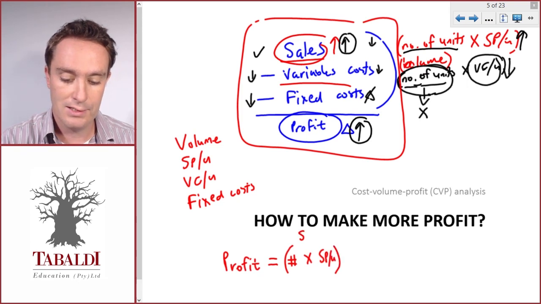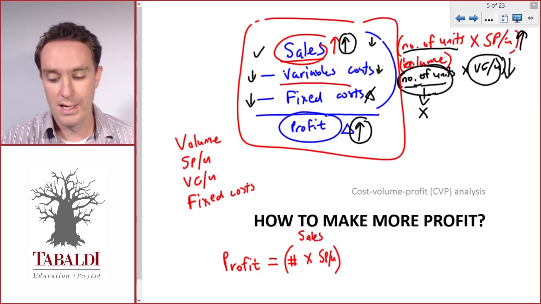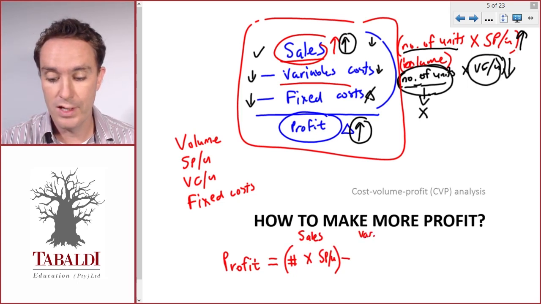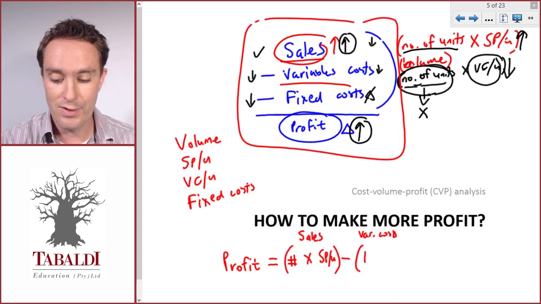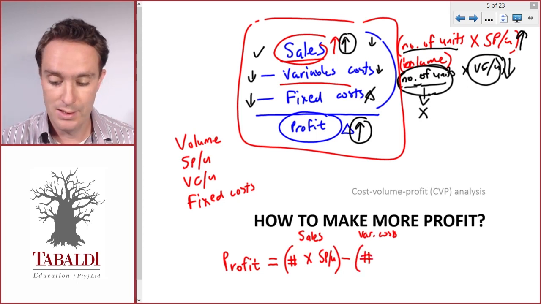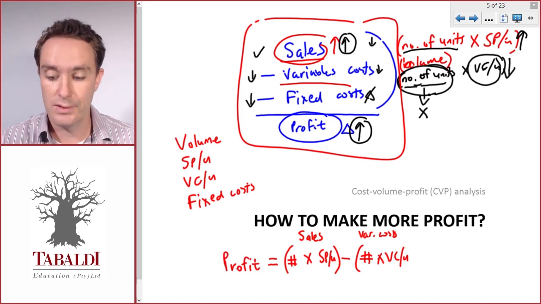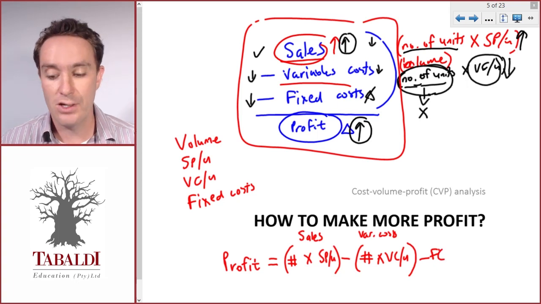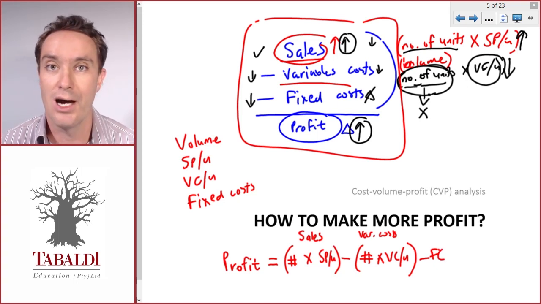So that's sales, less total variable costs, and that is made up of number of units multiplied by variable cost per unit. And then lastly, we have to deduct our fixed costs, and the result will be our profit.